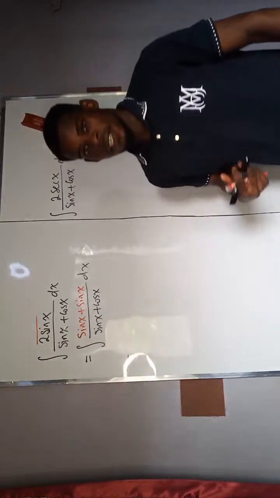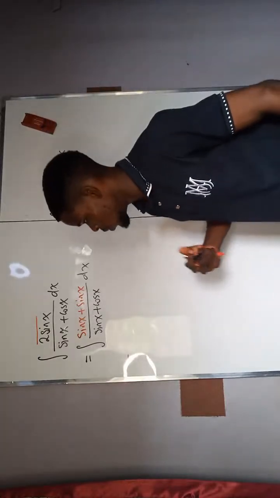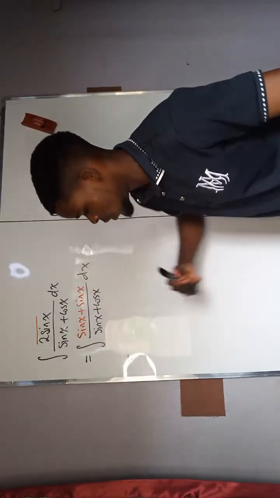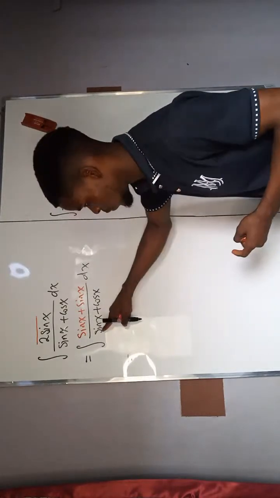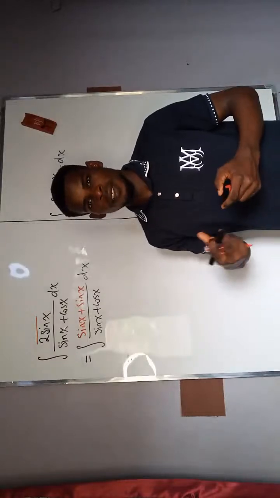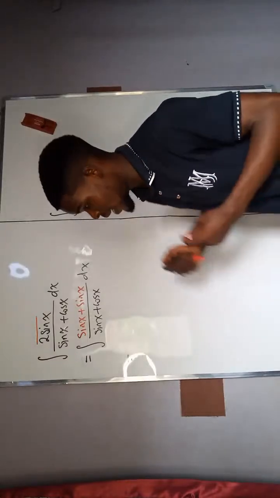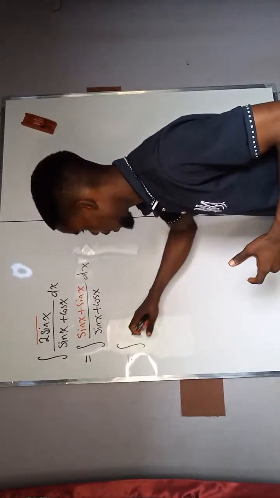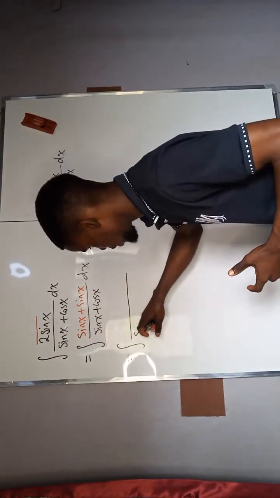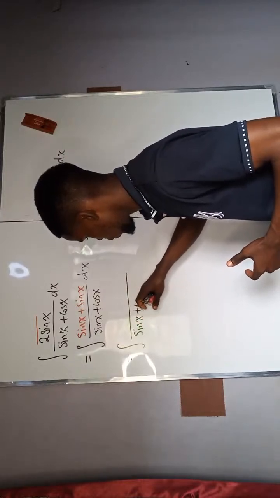Now the next thing we want to do is to rewrite this numerator so that we can have the denominator, that is the exact form sine x plus cosine of x, somehow. That's going to be by adding 0 to the numerator. The denominator stays the same, sine of x plus the cosine of x.